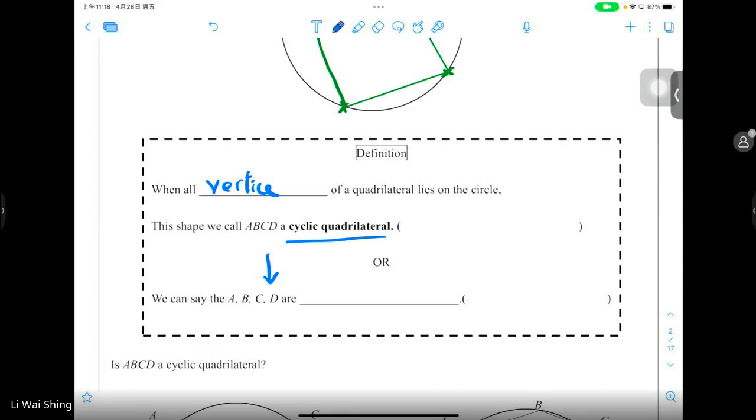We can say that these 4 points are concyclic. Okay? 共圓。Okay, so next time I will write, okay, I can tell you A, B, C, D is a cyclic quadrilateral. 佢係一個四邊形，圓內接四邊形。Or I can tell you these 4 points lie on the same circle. A, B, C, D are concyclic.